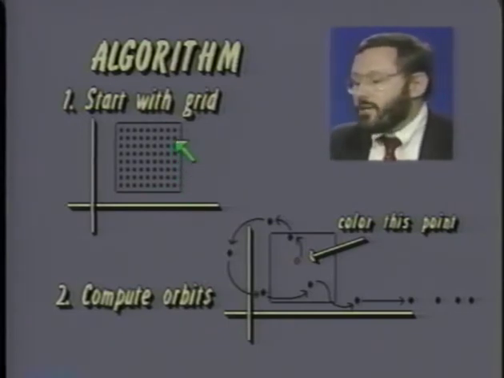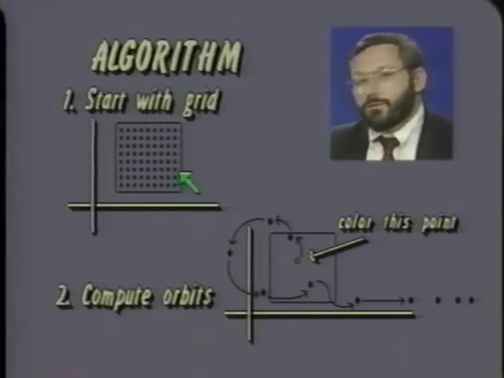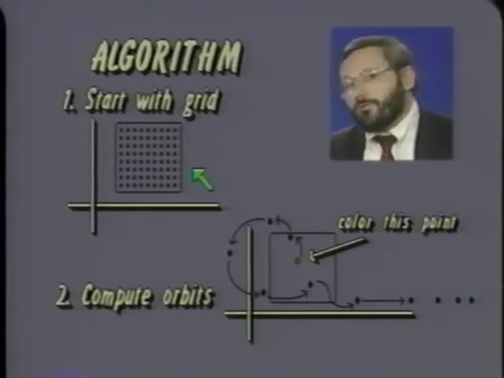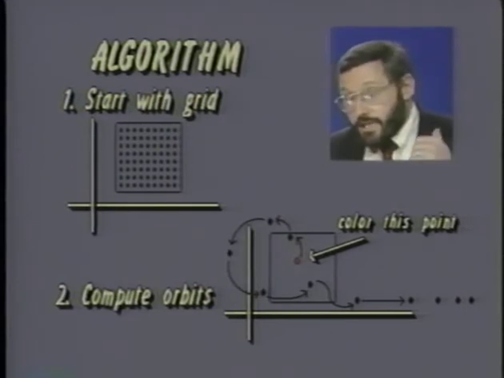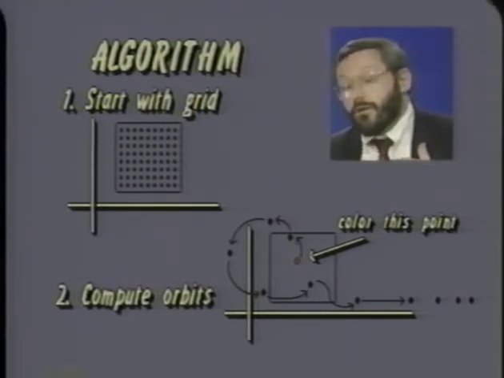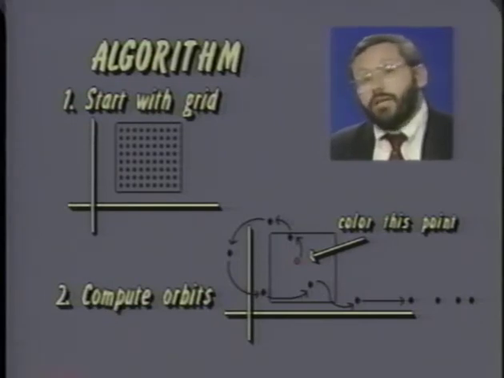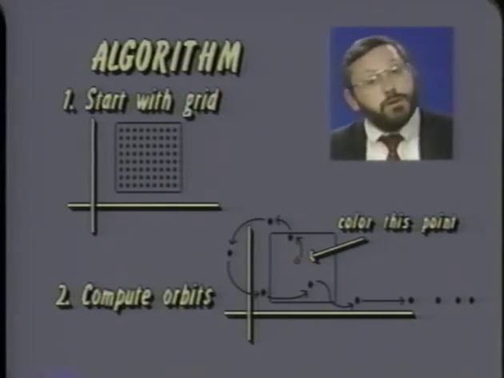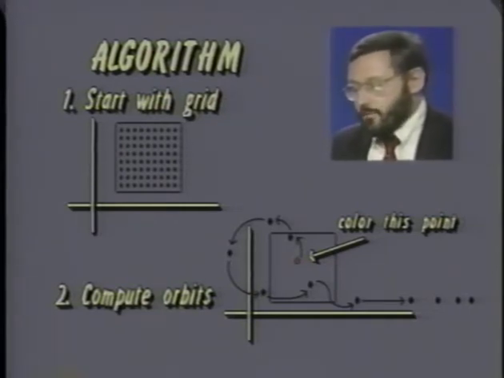And then we'll iterate each point in this grid. Now, during this iteration, one of two things can happen. Either the point can fly off to infinity, in which case, by the amazing theorem, we think the point is in the Julia set, or during the iteration, the point never goes far away. It always stays close by. In that second case, we're not in the Julia set. We're in the set of stable orbits.